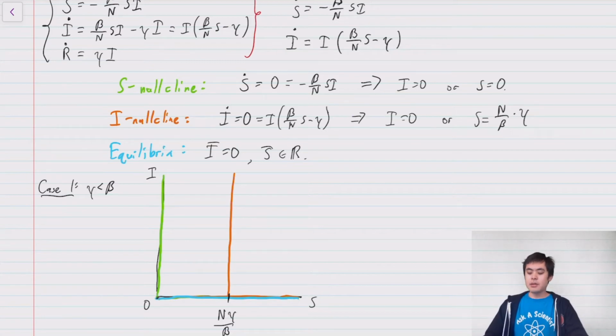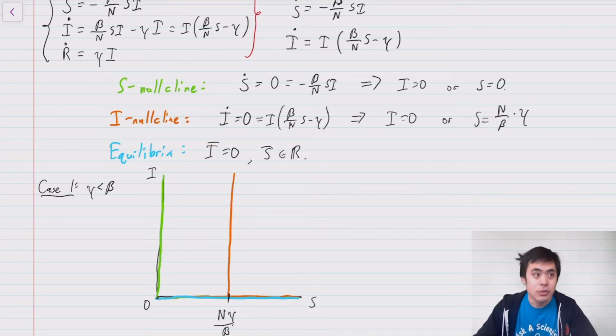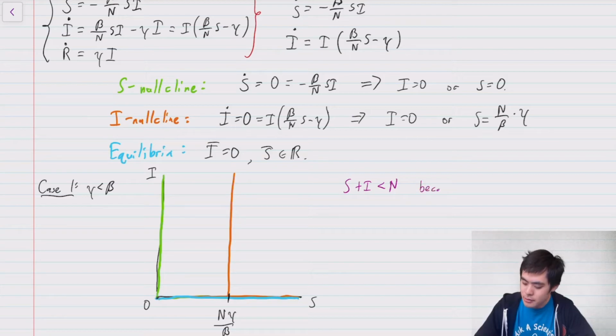Okay. Now, one of the other facts that we know is that S plus I has to be less than n, because S plus I plus R is equal to n, and they're all positive numbers. Therefore, we can also draw another line here.